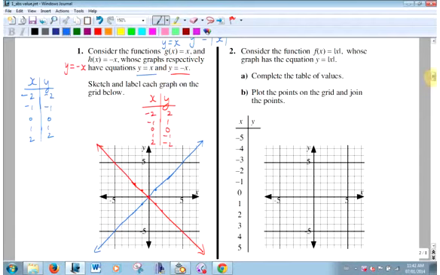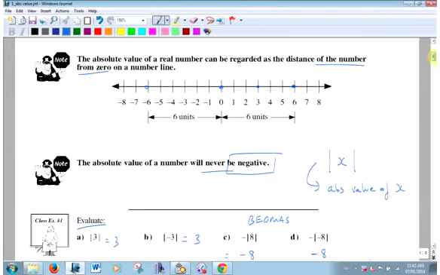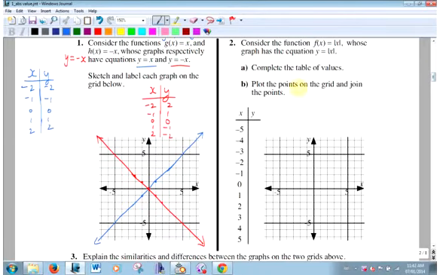Well, because this might be helpful when we look at this new thing called absolute value. Consider this function. Y is the absolute value of x. Now, with absolute value, can I ever have a negative number? No. Let's keep that in mind. Complete the table of values. Okay, x is minus 5.